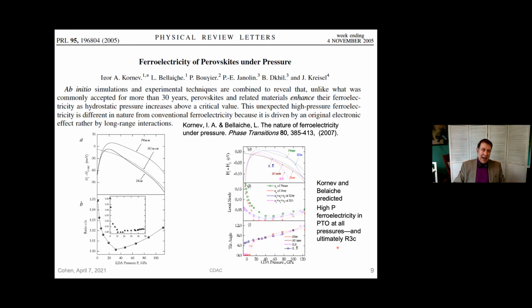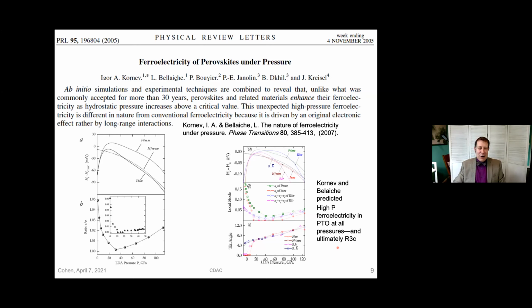And I'm going to come back to this later, but this really inspired Mukhtar and I and the group to look at and see if we could see this experimentally. And also we tried to do more theoretical work to try to understand what's going on here. So this was published a long time ago, right? This was published in 2005.